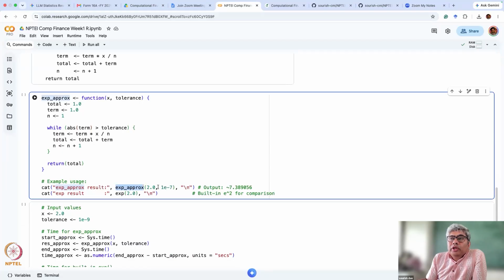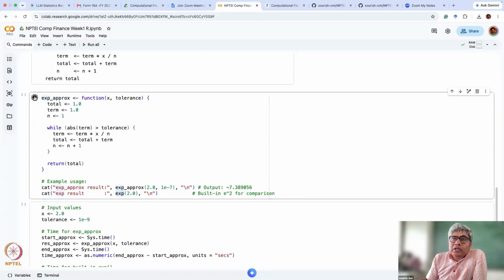The output should be e to the power 2, and the approximate value should be 7.389056, and exp is a built-in function in R. We compare the result from our function with the built-in function in R.